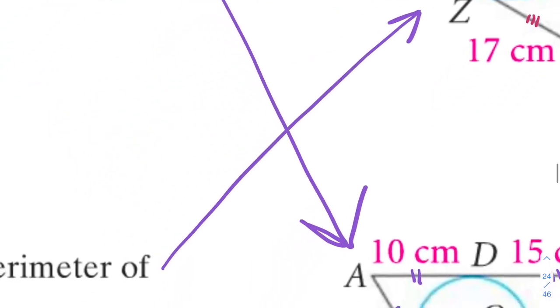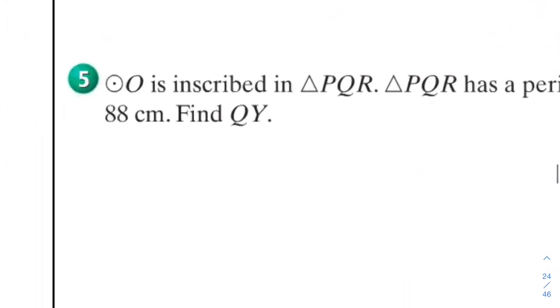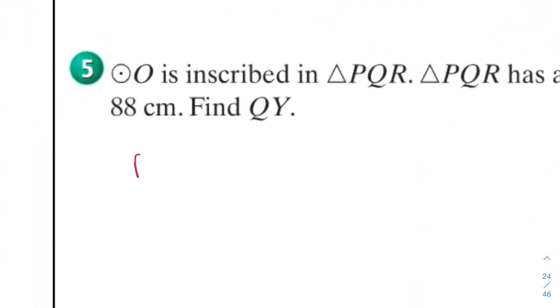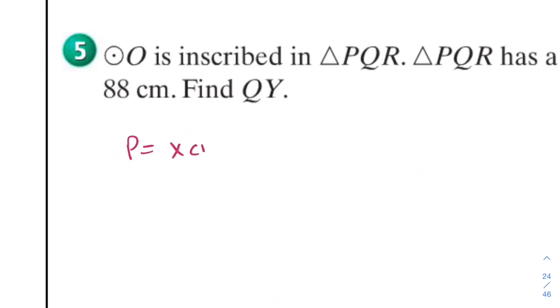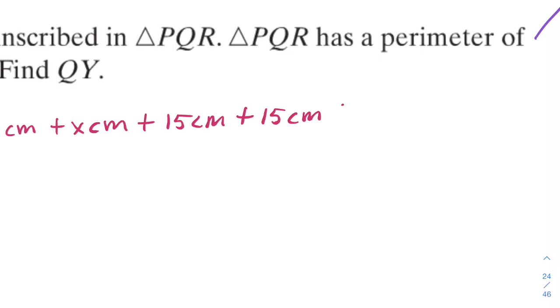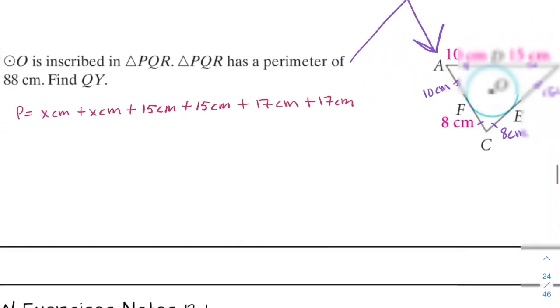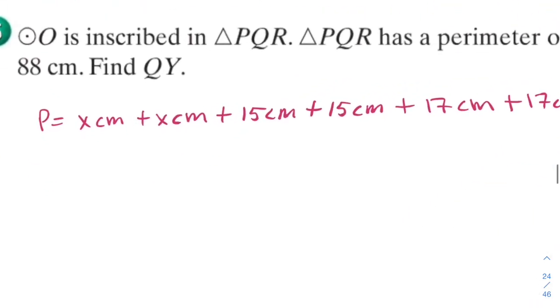So I know that the perimeter is equal to x centimeters plus x centimeters plus 15 centimeters plus 15 centimeters plus 17 centimeters plus 17 centimeters. Yeah, that's all good.